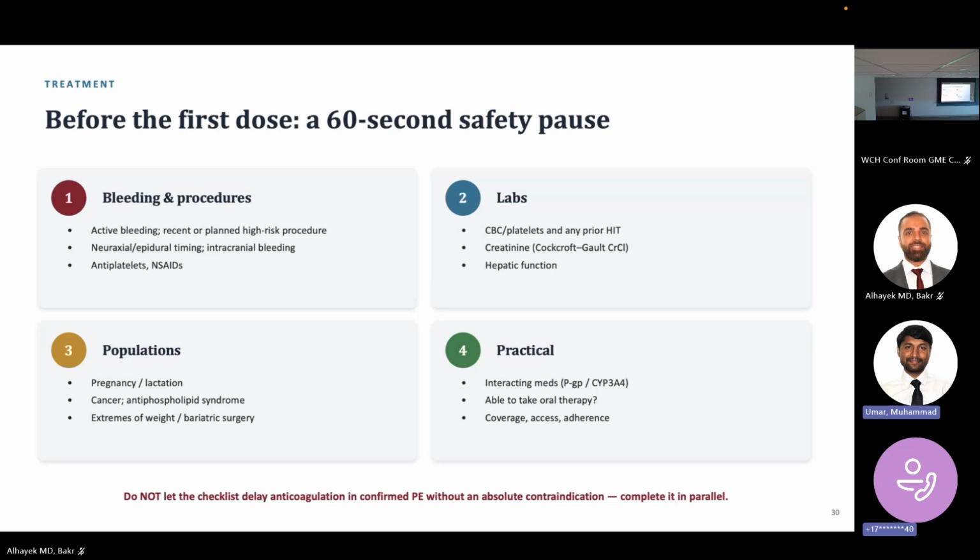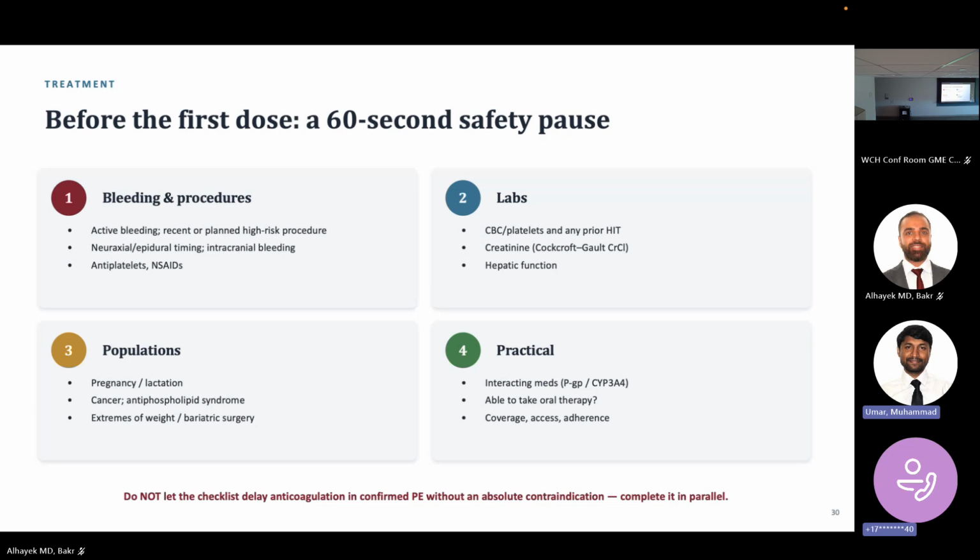So if it's high, then you have a discussion with the patient. We think that if we start this, there's going to be bleeding, and we don't recommend it. And then you will talk about something else. What is it? What is the alternative if the patient needs anticoagulation? What is it? Yep, IVC.